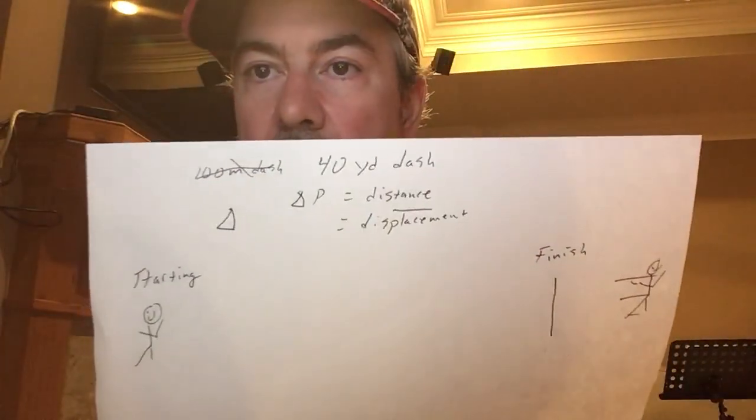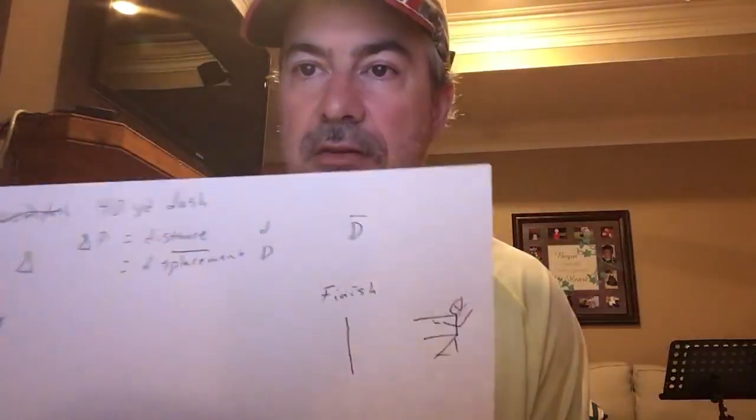And displacement is a vector quantity. What we do with big D is displacement, little d is distance, and we put a line over vector quantities. So we put these little lines over them, velocities and forces. We put a little line on it to remind ourselves that direction matters here, okay?